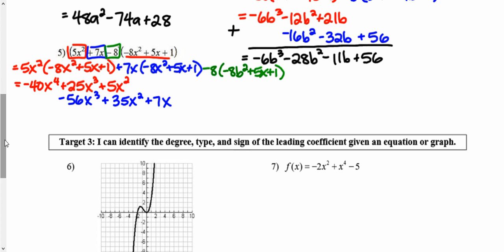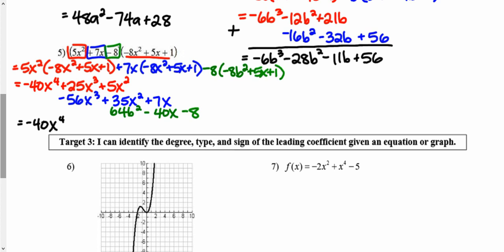And now the final distribution. So that would be 64x squared. And then that would be negative 40x minus 8. And then I'm going to tally that all up here at the bottom. So my final answer would be negative 40x to the fourth.